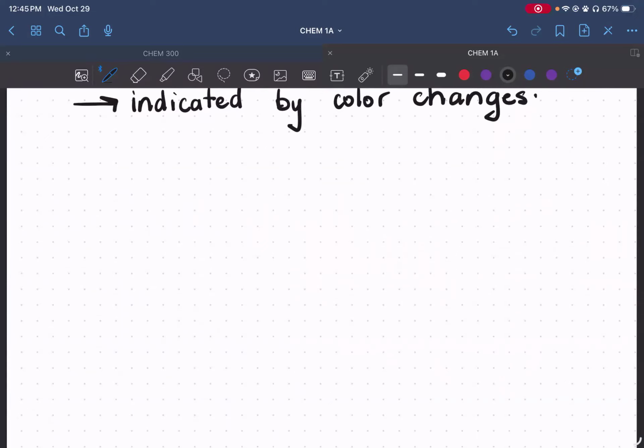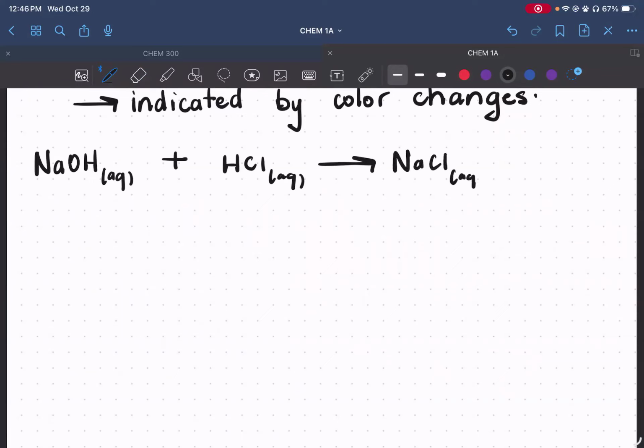Let's take the reaction between sodium hydroxide and water. I'm sorry, not water, HCl. When these two come together, they react to form sodium chloride and water.